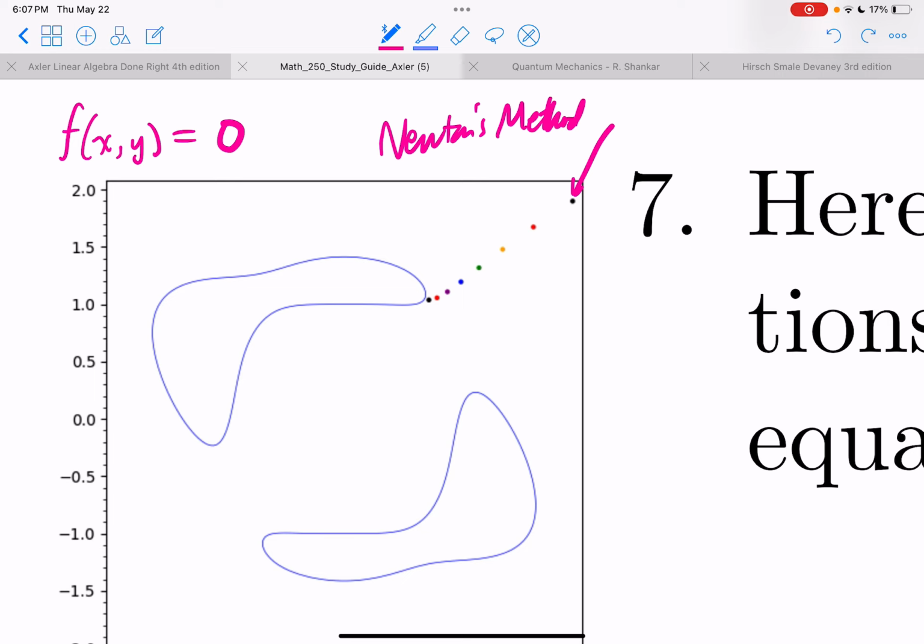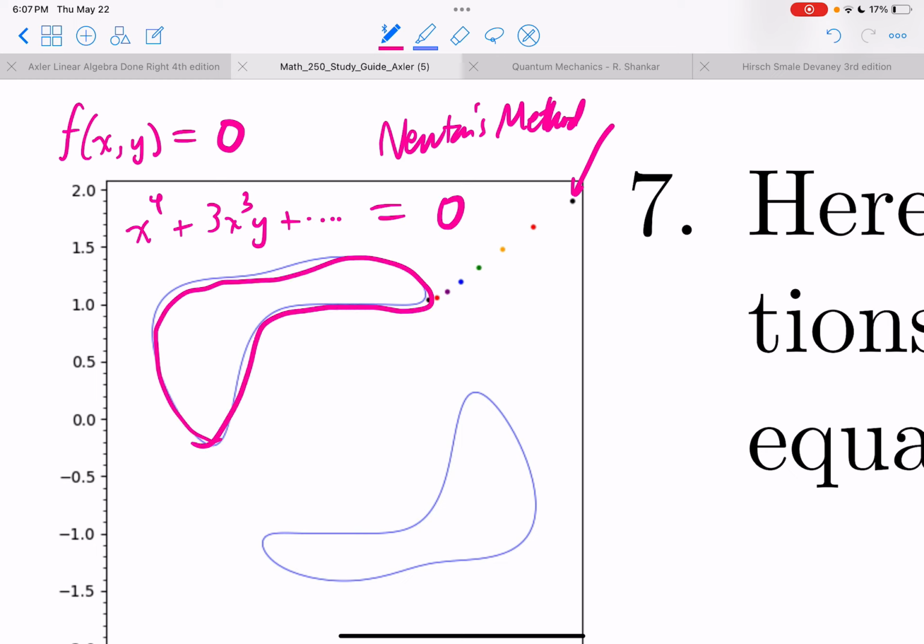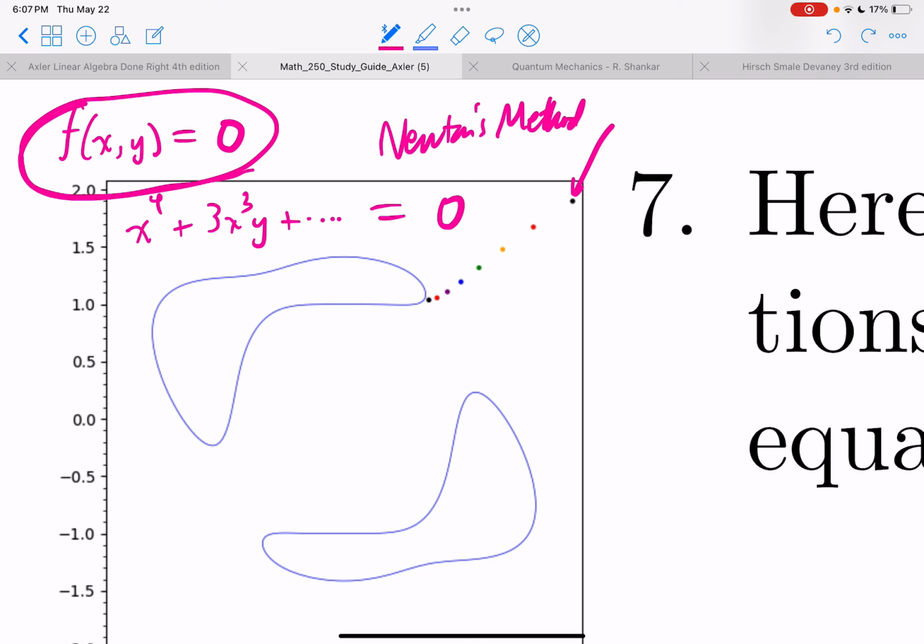I think this particular blue curve needs something like x to the 4th plus 3x cubed y plus and so on, equals 0. So there are infinitely many solutions. All these points on the curve are a solution to our nonlinear equation, one equation in two variables.